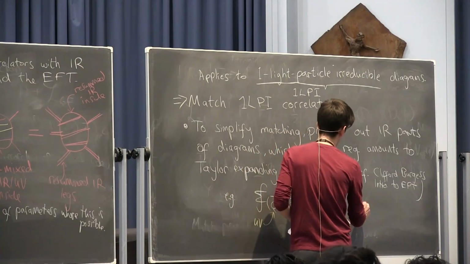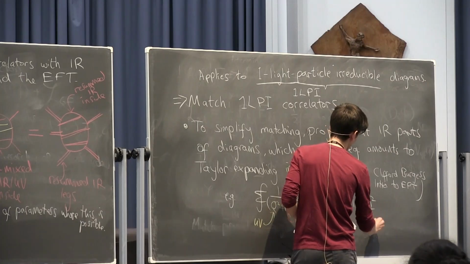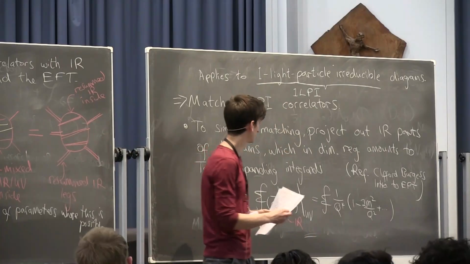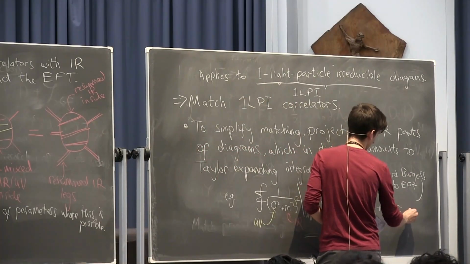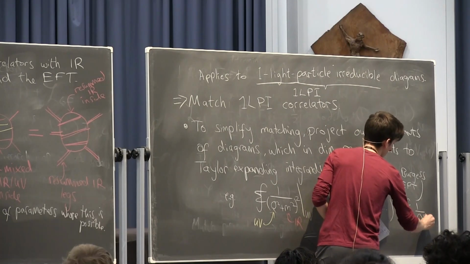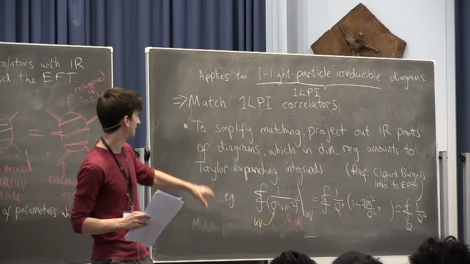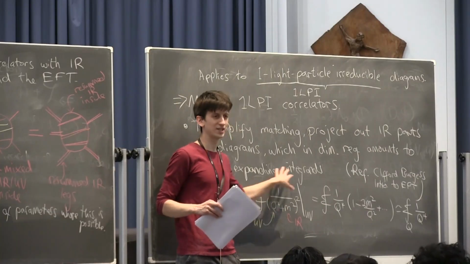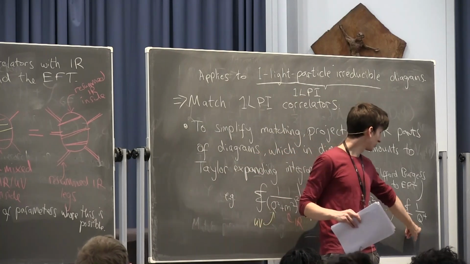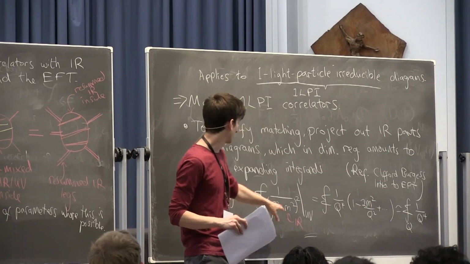And then we'd have 1 minus 2 m squared on q squared plus dot dot dot. To leading order, we just get 1 on q to the 4. So this is what I mean by projecting out the IR part. So this is a loop integral which contains IR and UV scales. If we Taylor expand in the integrand, order by order, we just get the UV scales in the integral. And the IR scales kind of come out.